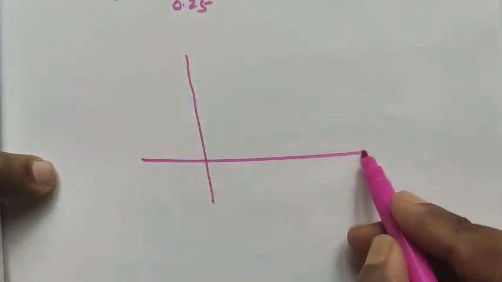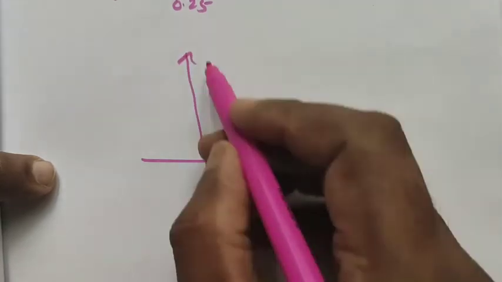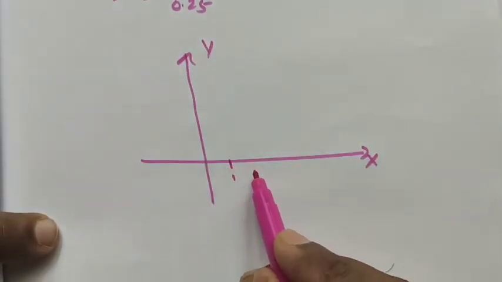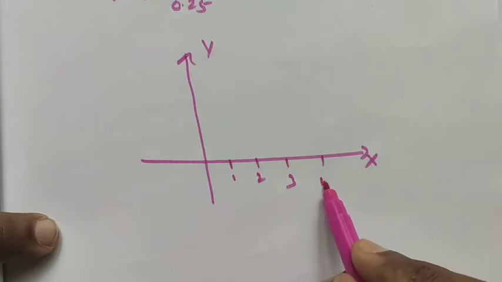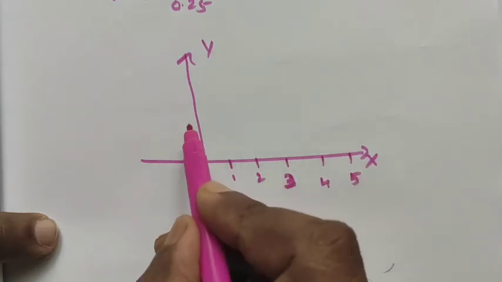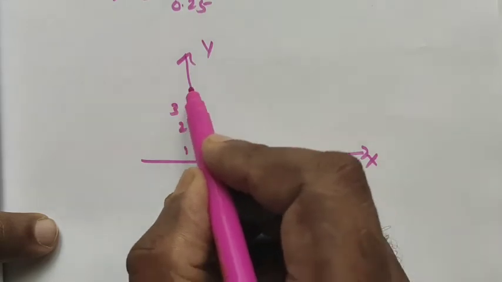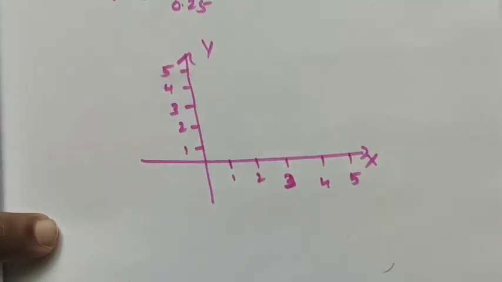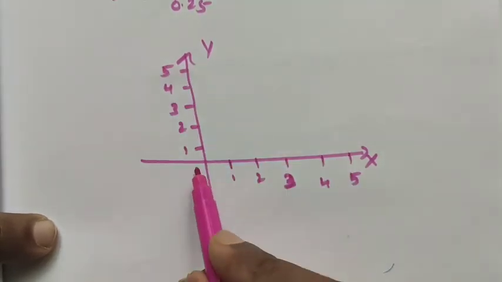Let's take this as the x-axis and the y-axis. This is the point 1, 2, 3, 4, 5 like this. This is the point 1, 2, 3, 4, 5. This is the origin.